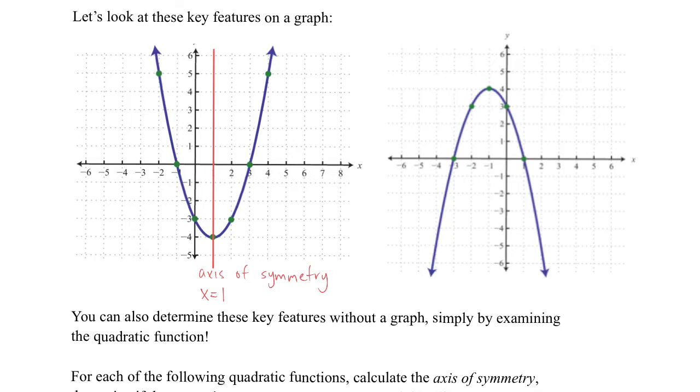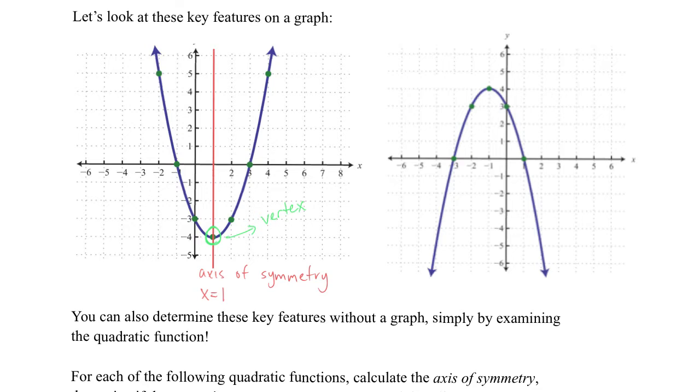Our vertex is also known as the turning point, so that's another name for it, and it's where the parabola switches direction, right there. So that's going to be your vertex, and we would classify it as a minimum or a maximum.